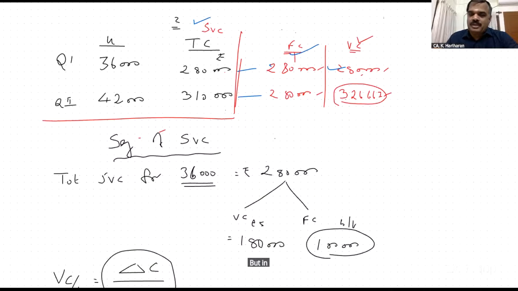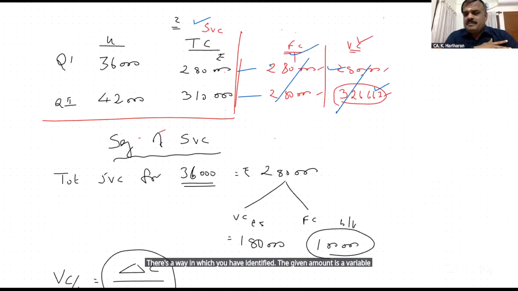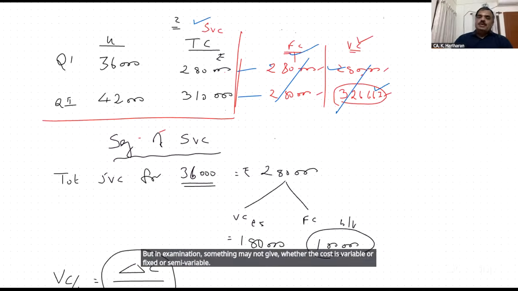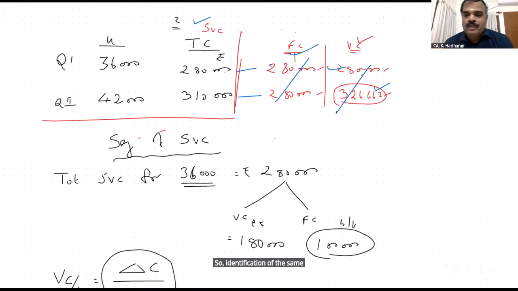But in this question, it is neither fixed nor variable in nature. Therefore, the given information is a semi-variable cost. Understood? So this is the way in which you identify whether the given amount is a variable or fixed cost. In this question, they have clearly given that it's a semi-variable cost. But in examination, sometimes they may not say whether the cost is variable, fixed, or semi-variable. So to identify it, you have to use this tool, whether fixed or variable.